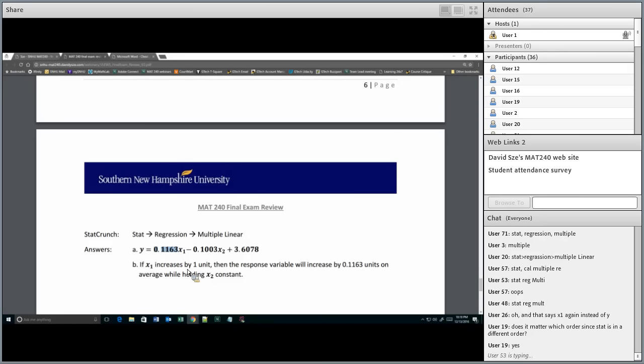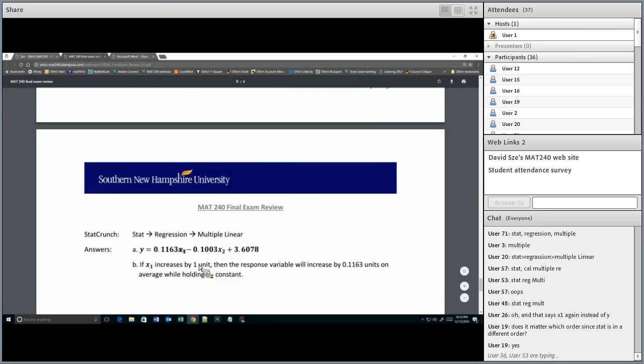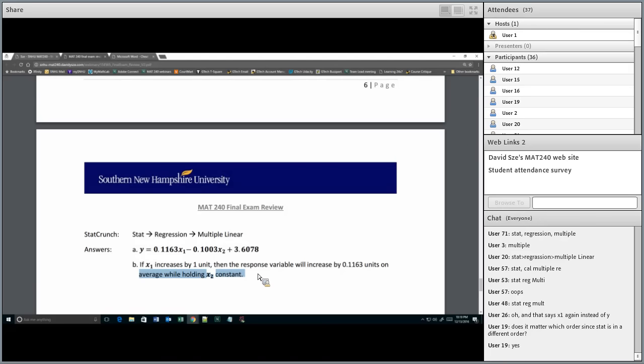The interpretation is if x1 increases by 1, then y, or the response variable, increases by this slope 0.1163 only if you keep x2 constant, while holding x2 constant. That is the only line you have to add when you do interpretation for multiple regression.